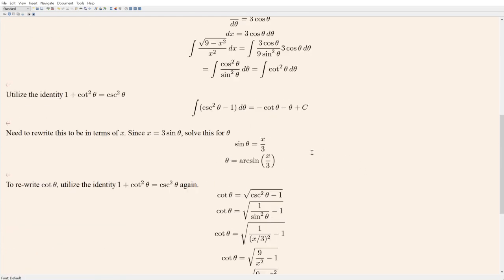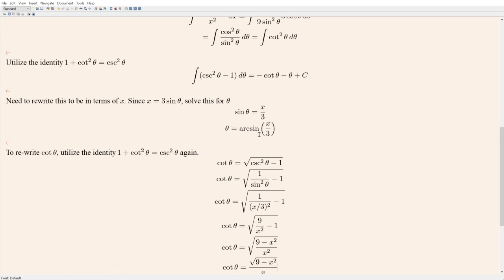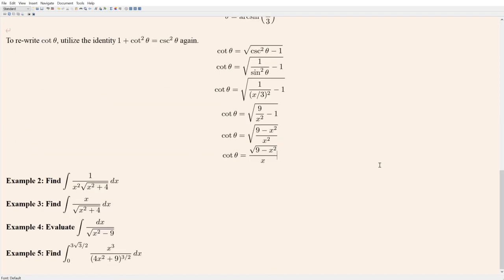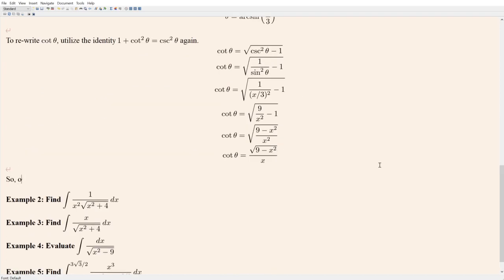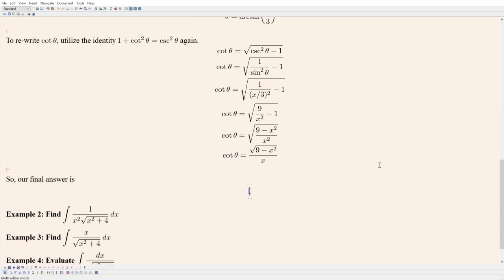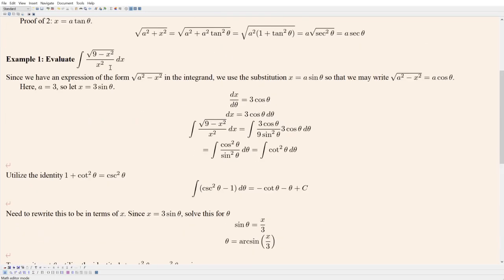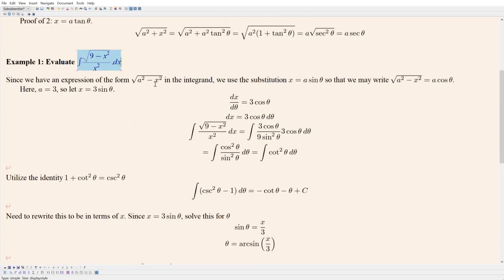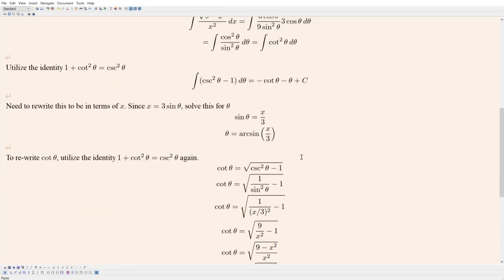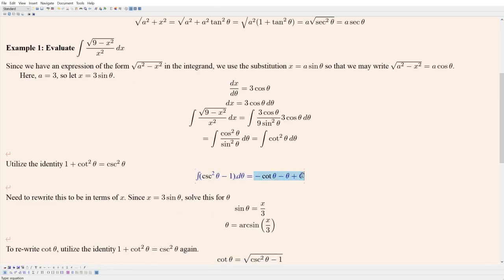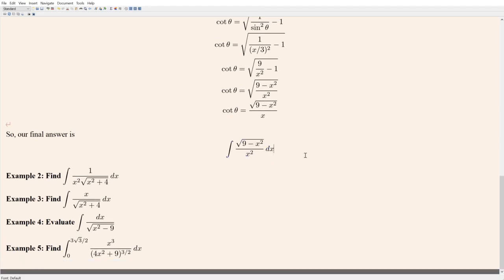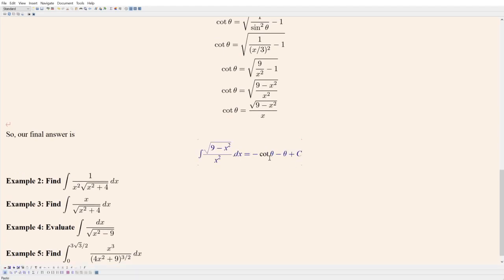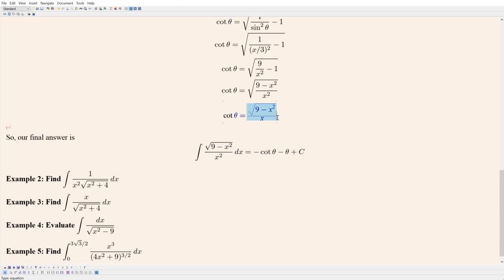Okay. So for our final answer, we just put these things in here. So our final answer is this equals this, but then instead of cotangent, I got all of this. There we go.